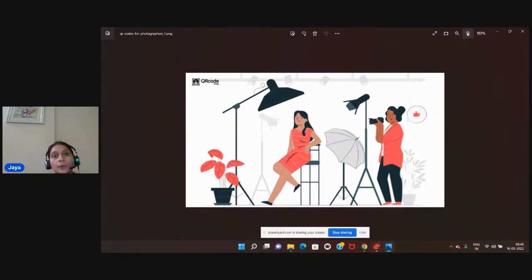Because when you are doing business on an online platform, you always like your client to see all your work, not only on your website but also on social media and other platforms where your work is being exhibited. That's why the QR code is really important. You can place this QR code for photography and videography where they have online and offline campaigns, such as printing ads.